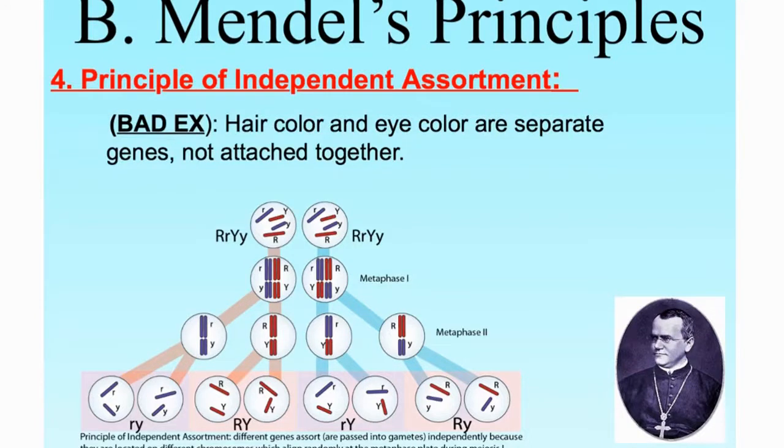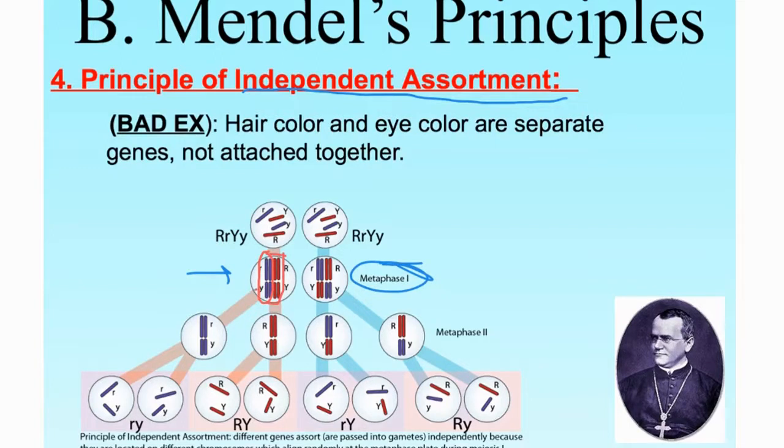And Mendel's fourth and last principle is something he called independent assortment. Now, what this means is not only do your chromosomes segregate or separate from each other during meiosis, but they also separate independently or randomly. So if you remember in metaphase 1, when the homologous chromosomes line up in the middle, well, in this case, you had 2 blue chromosomes on the left and 2 red on the right.